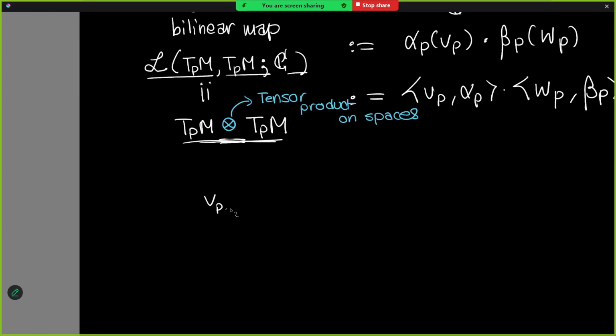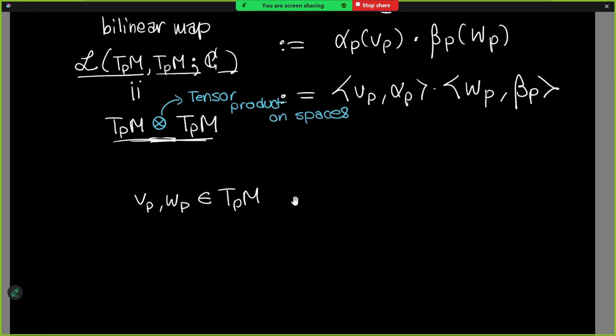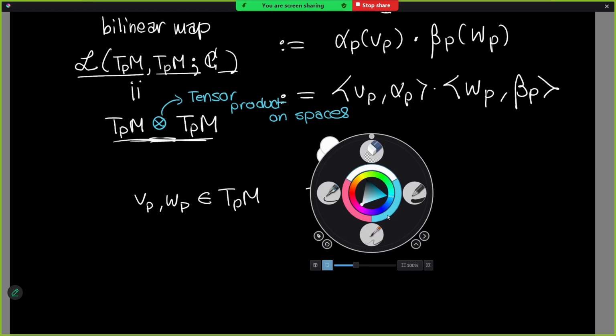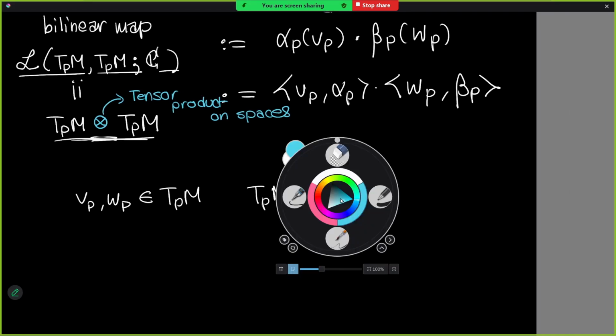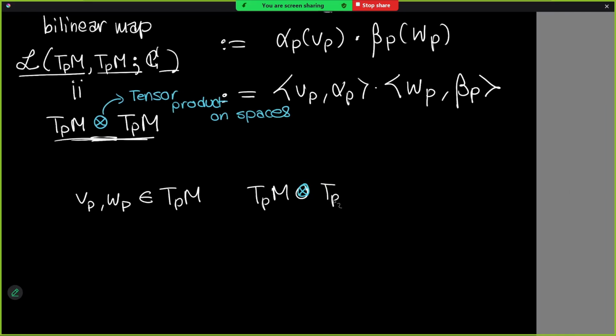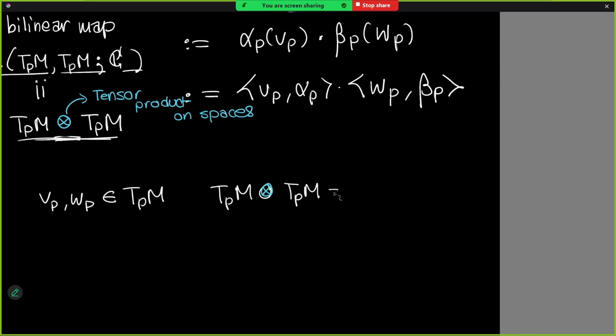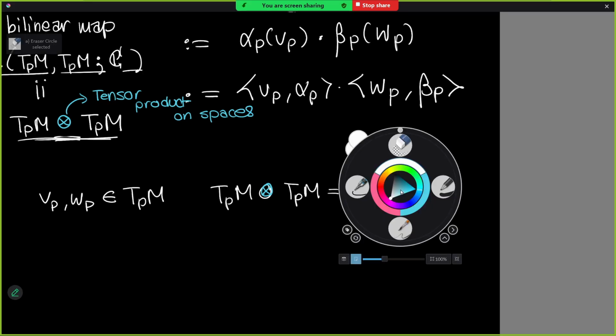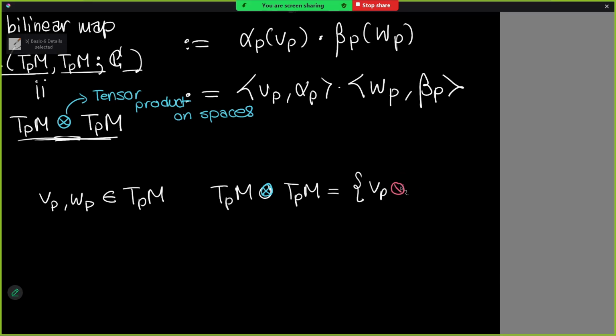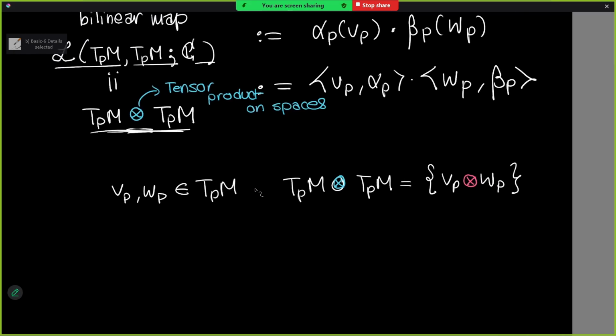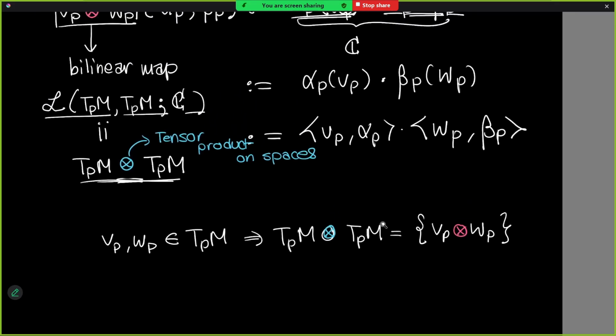So if VP and WP are elements of TPM, then TPM blue tensor product TPM is the set of all VP pink tensor product WP. That's how we define this.